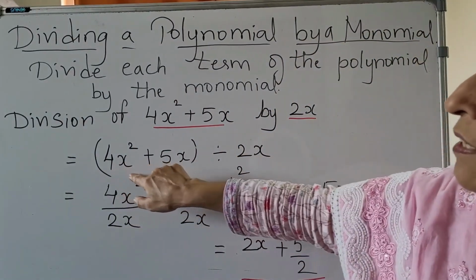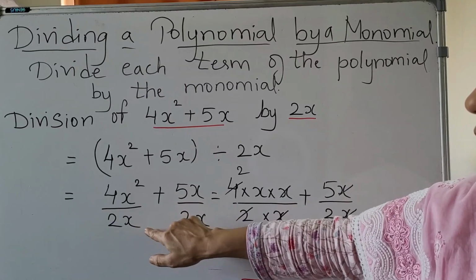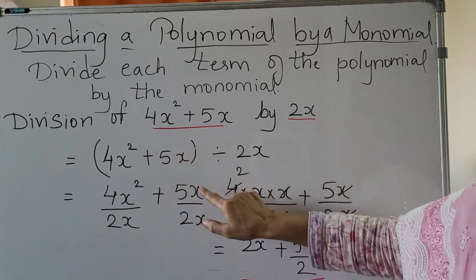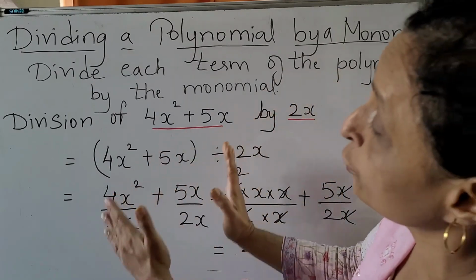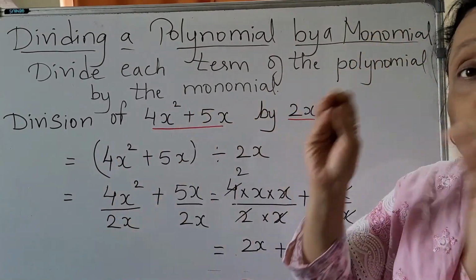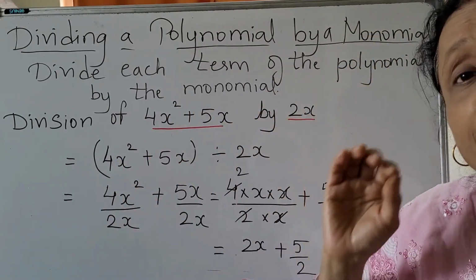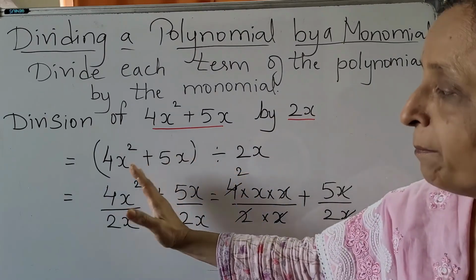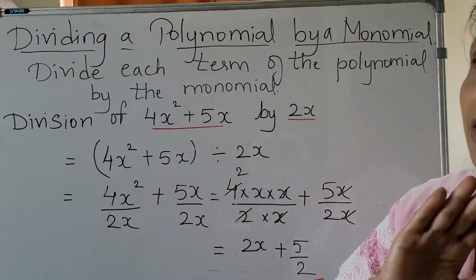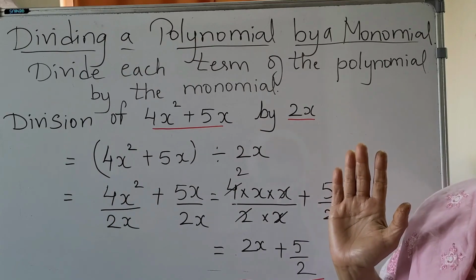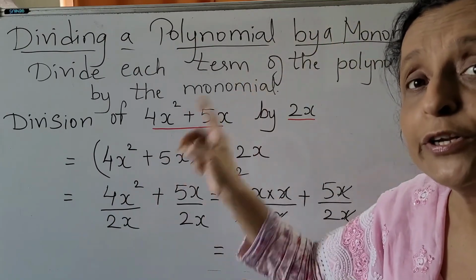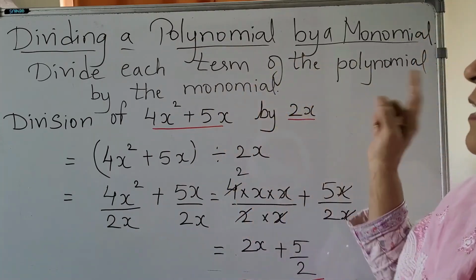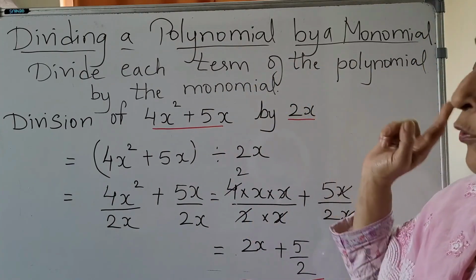So this is one term, 4x square has to be divided by 2x, 5x has to be divided by 2x. Once you have understood this, you can simplify further. But if you make a mistake here, then your answer is definitely going to be wrong. So remember that each term of the polynomial has to be divided by this monomial.